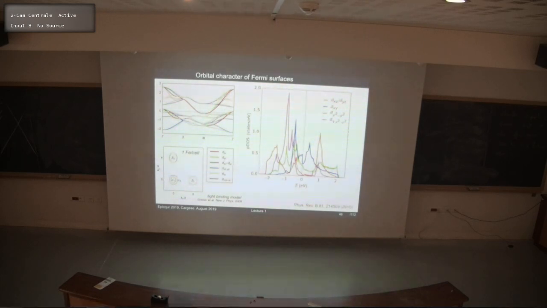If you are in the tetragonal phase, the dxz and dyz are degenerate, and then you have the dxy playing a role. And you can see in the partial density of states, in this particular calculation, which again is done for lanthanum iron arsenide, the dxy has the largest density, and the others much less, especially the more three-dimensional type of orbitals.